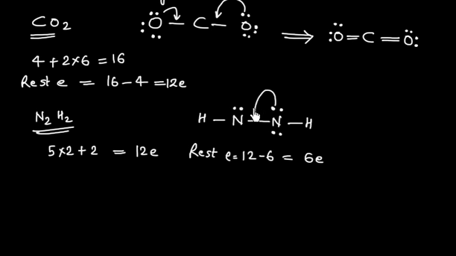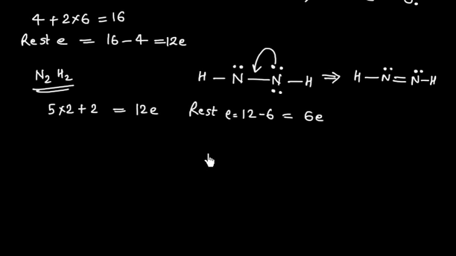Now we can convert a lone pair into a bond pair, because this nitrogen has only 6 electrons. If I do this, we will have HN, a double bond and a lone pair, and then hydrogen. So this molecule N2H2 is something like this. This molecule is called hydrazine. N2H2 is called hydrazine.